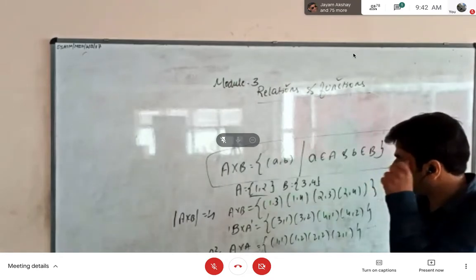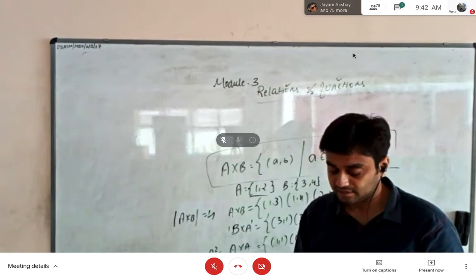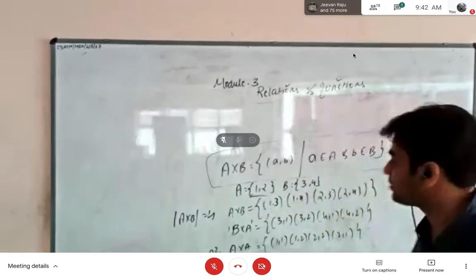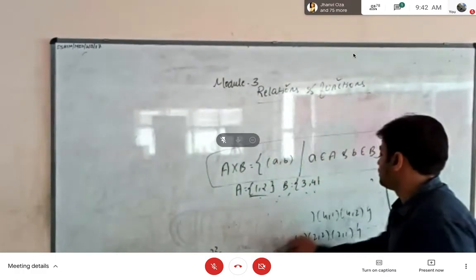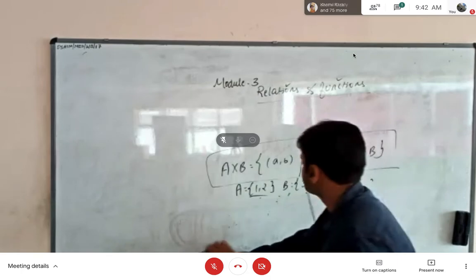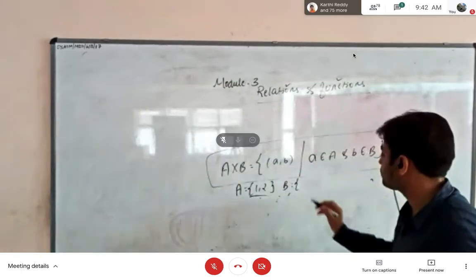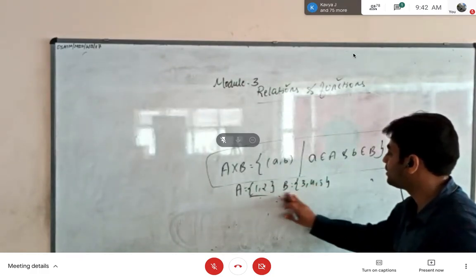Only with this example, I cannot make you tell one formula, so let me solve one more example. Here A is equal to {1, 2} and B is equal to {3, 4, 5}.